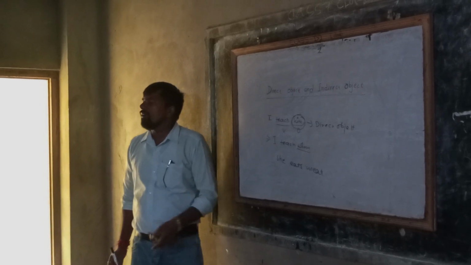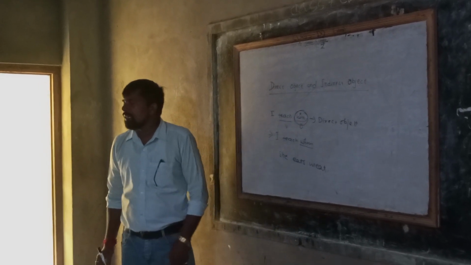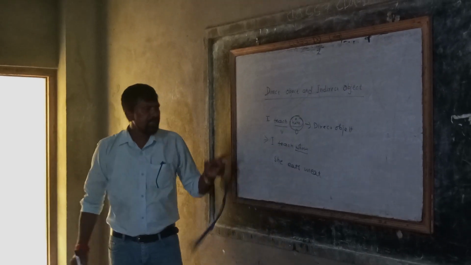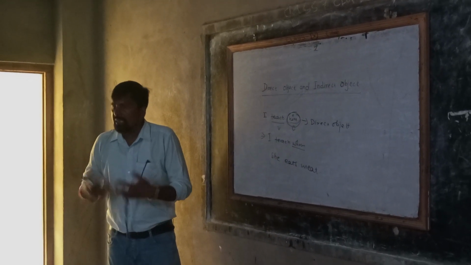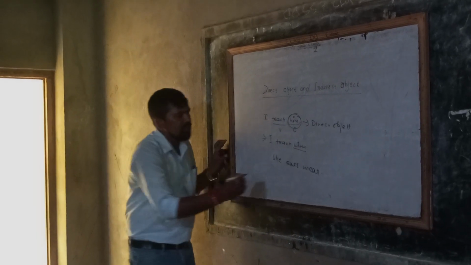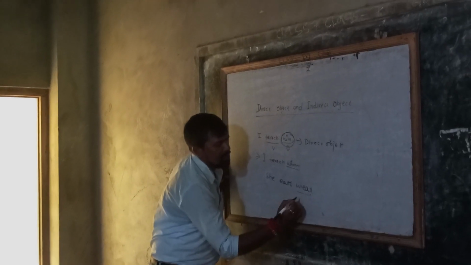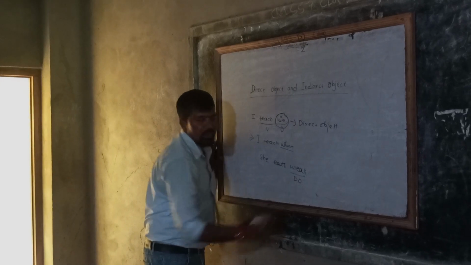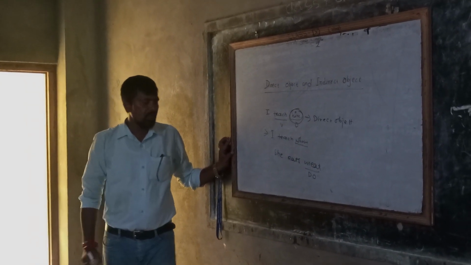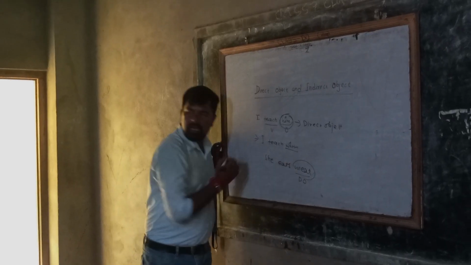But how to find whether it is a direct object or indirect object? Make a question with what. She eats what? Meat. So meat is the D-O, direct object.